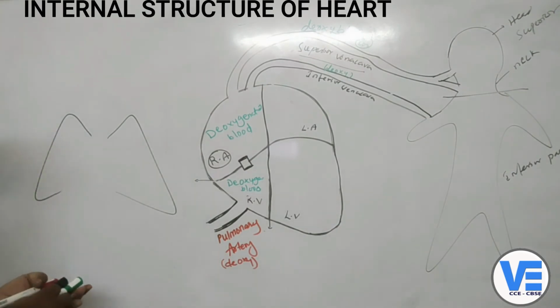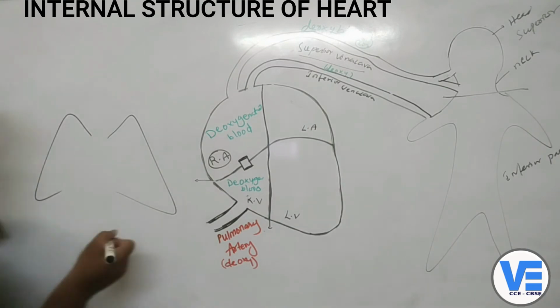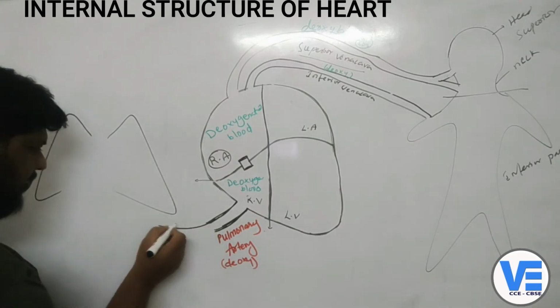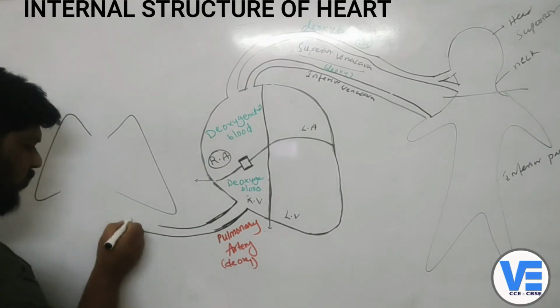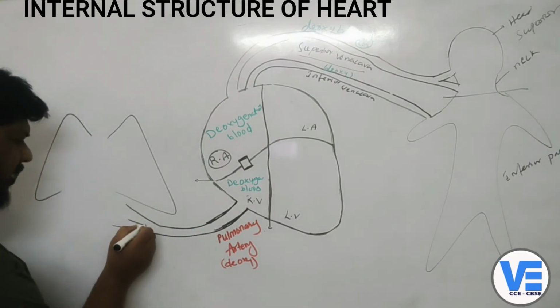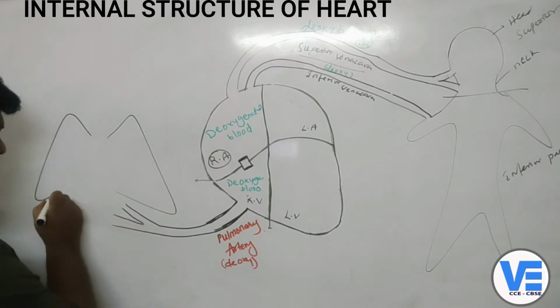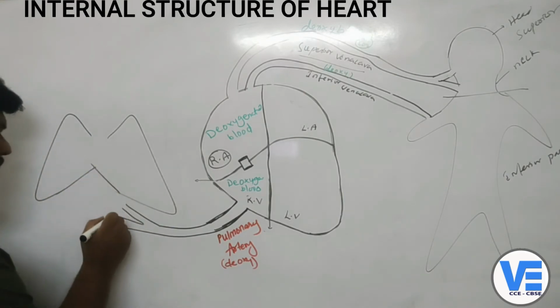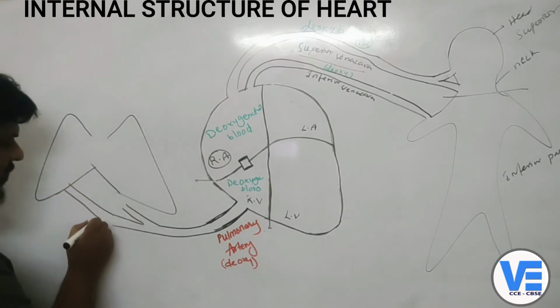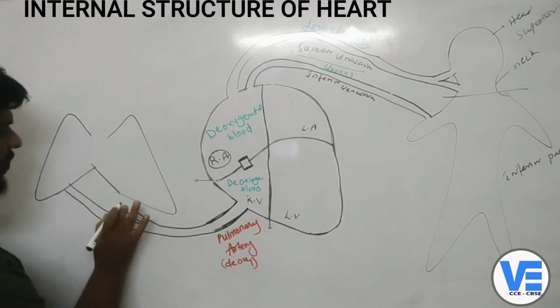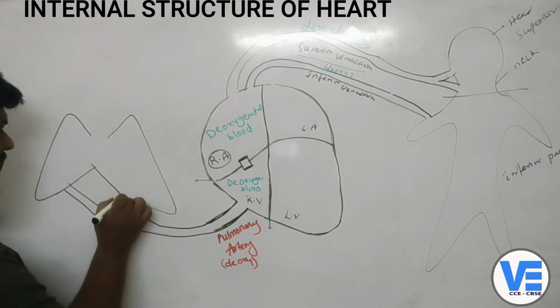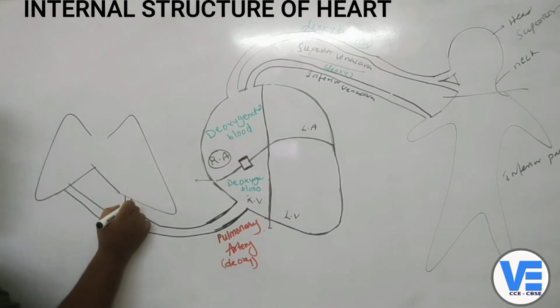And where does it go? When it is traveling, it goes out like this and divides into two branches. One will go to the right lung and the other will go to the left lung.